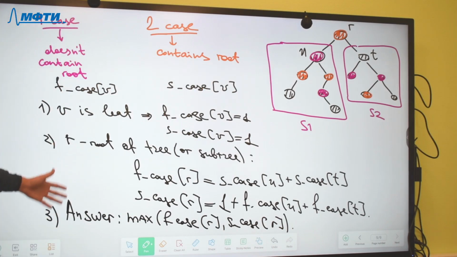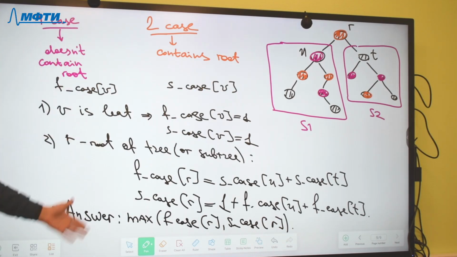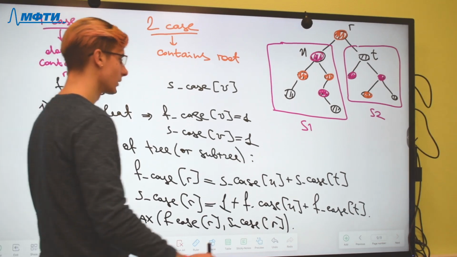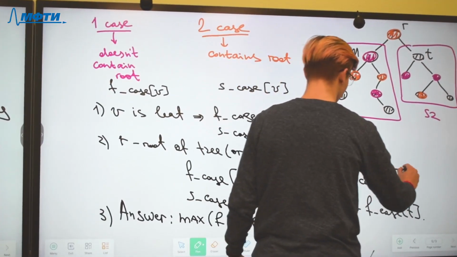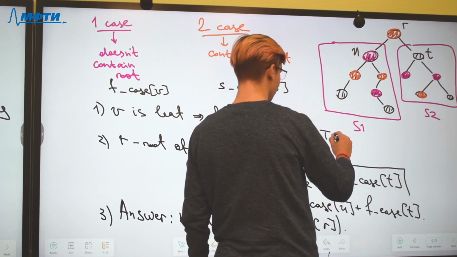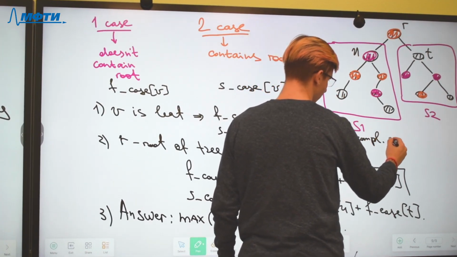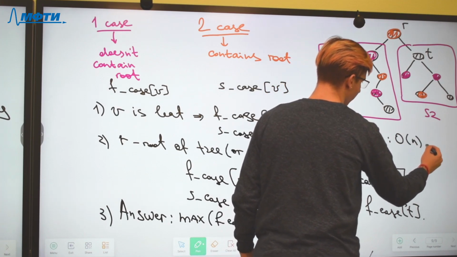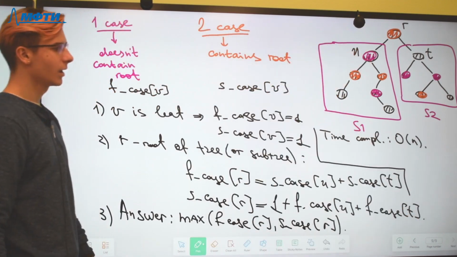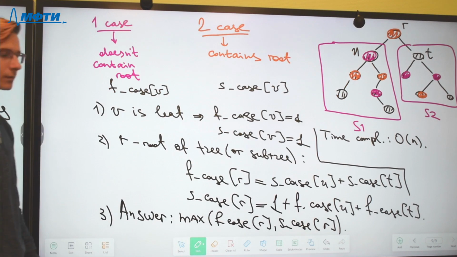And you see that we repeat it for all the vertices, so the time complexity is equal to O of the number of vertices, and the space complexity too.